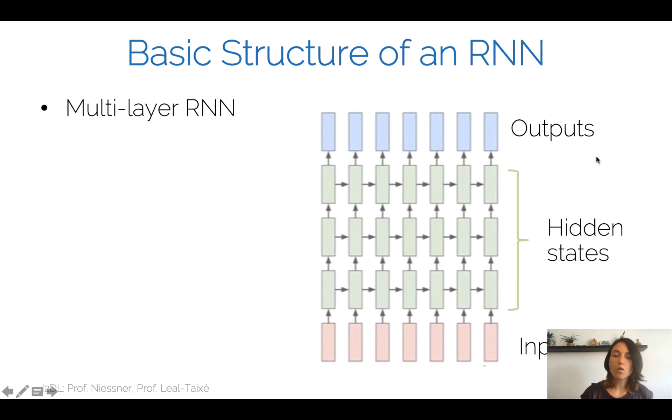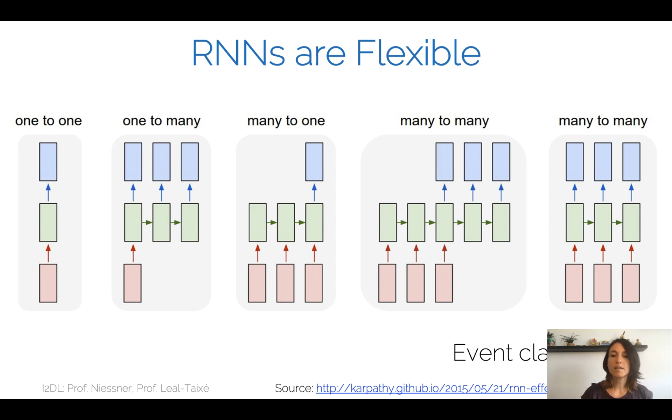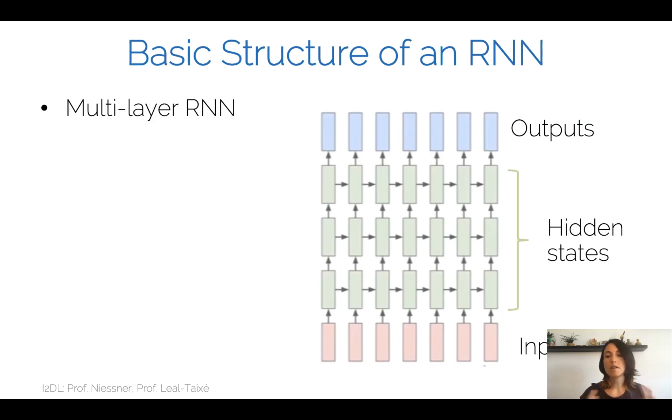All of the cases that we have presented in this slide can be summarized with this structure, where we have a sequence in the input and also a sequence in the output. And then in the middle, we're going to have all these green boxes, which represent the hidden states. The hidden states evolve in two ways. One is in the time direction, and the other is in the depth.